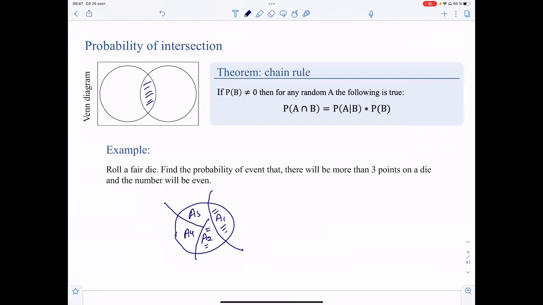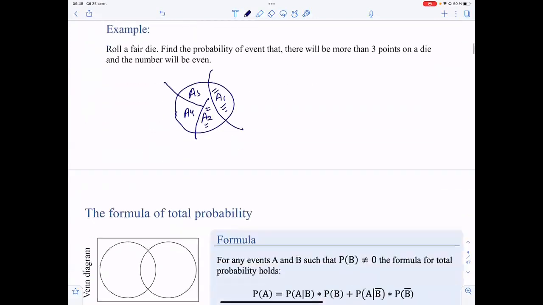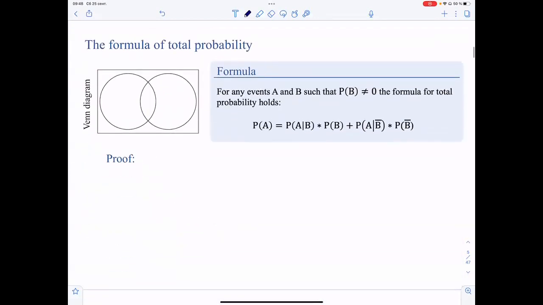Given that we know the conditional probability of A given all of the conditions, we may apply this chain rule formula in order to capture the probability of every intersection. And actually, this moves us to the formula that is called the total probability formula, but this is just a partial case. So here's a story.